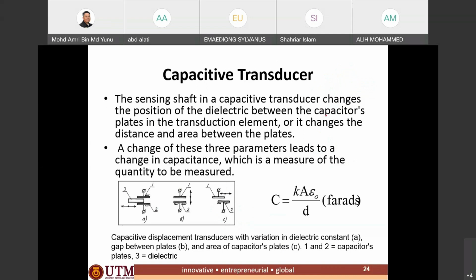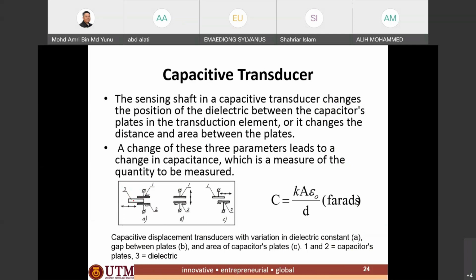So the sensing shaft in the capacitive transducer changes the position of the dielectric between the capacitor plates in the transduction element. Okay, that's one method where the sensing shaft is attached to the insulator in between the plates.